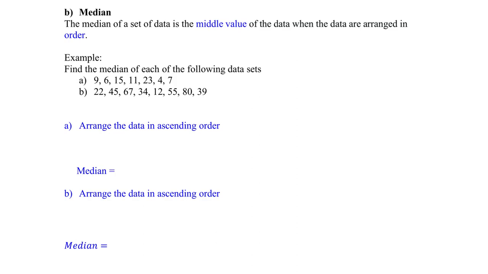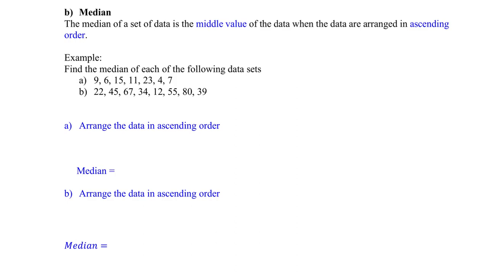When? This is the key. We have to arrange them in ascending order. So it is not just any middle value. It is the middle value of data that is arranged in ascending order.